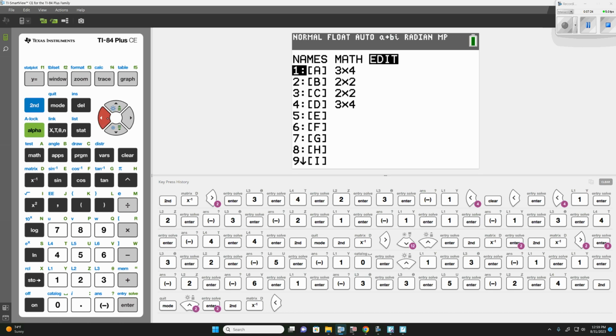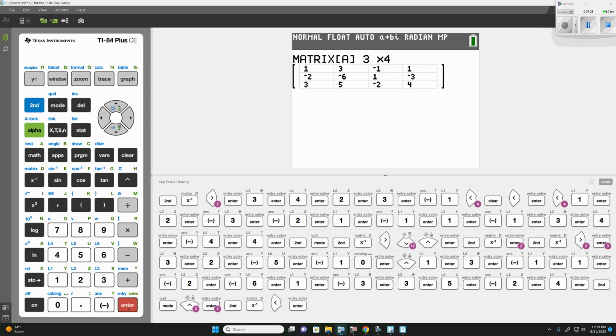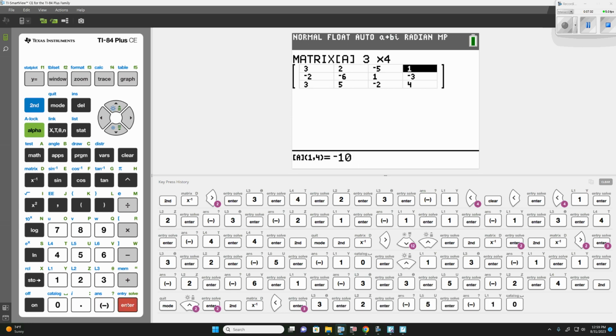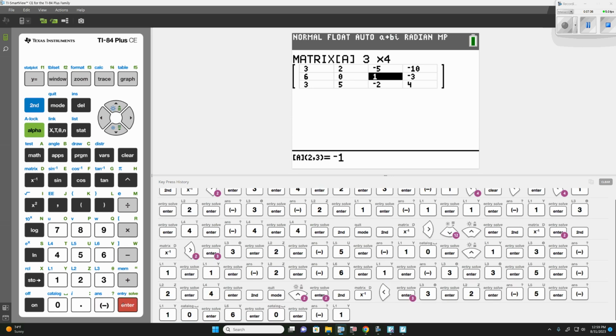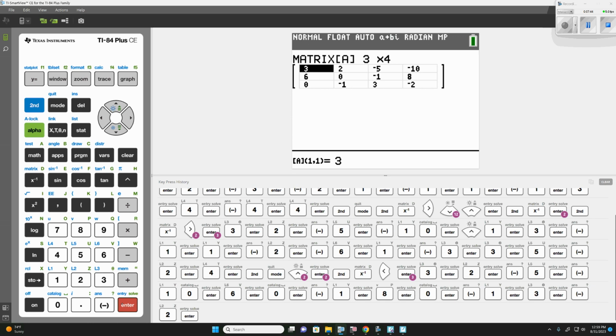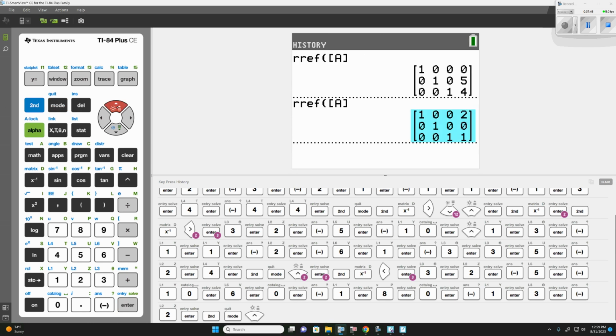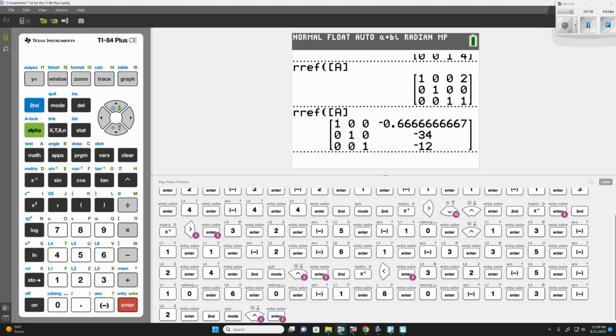Second matrix A, 3 by 4, 3, 2, -5, -10, 6, 0, -1, 8, 0, -1, 3, -2. Second quit. Then we get our RREF, and we get this here, yes?